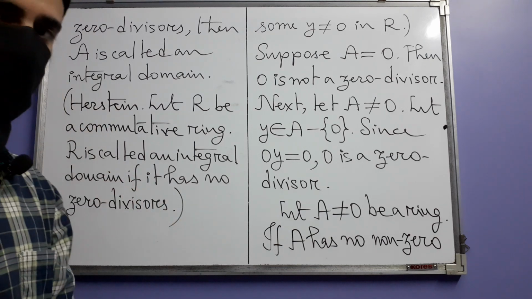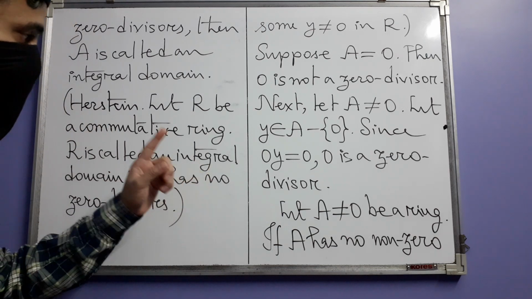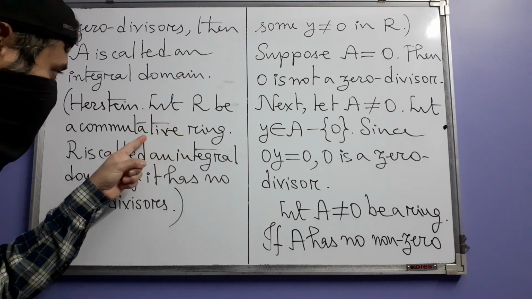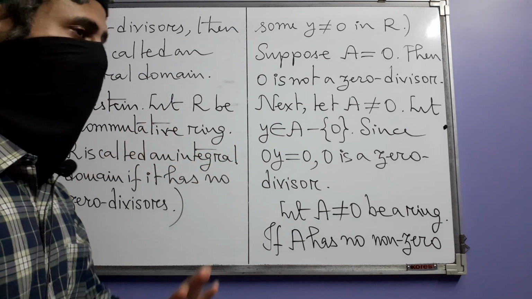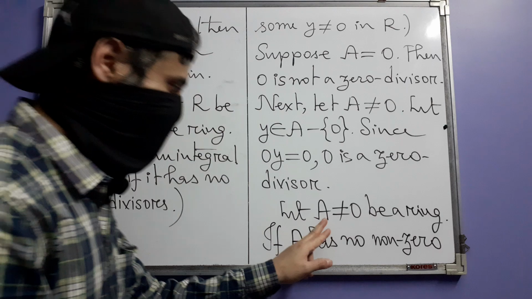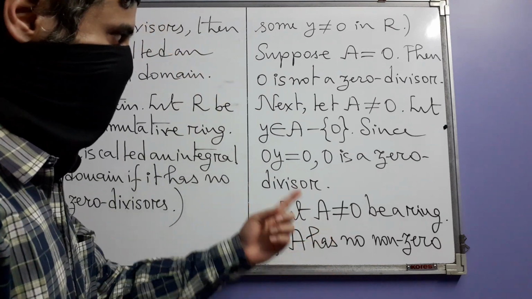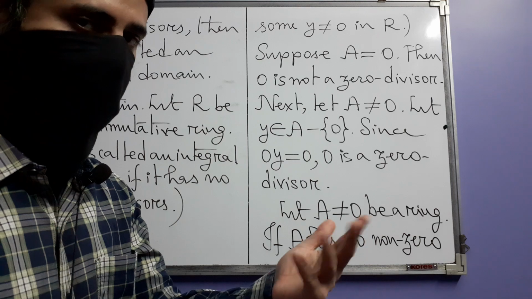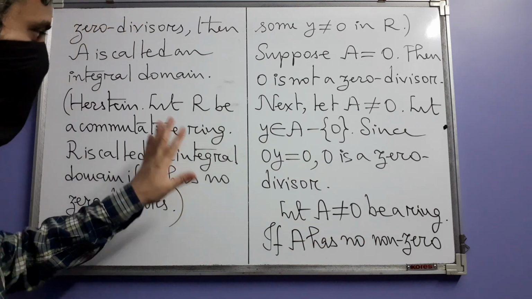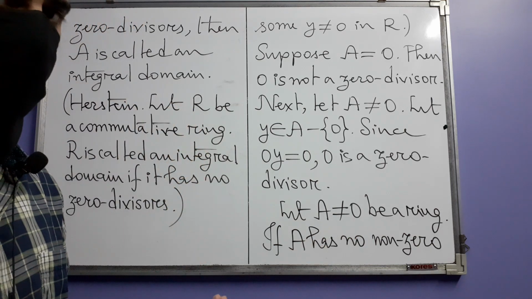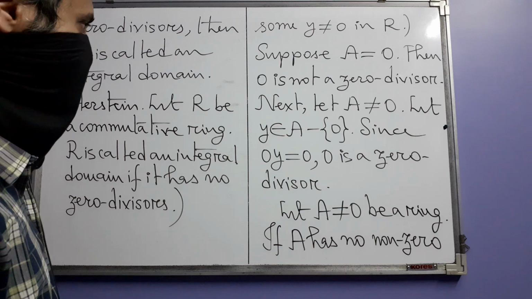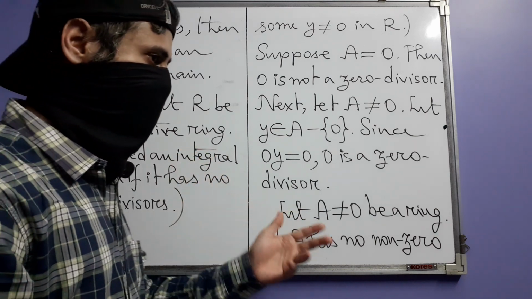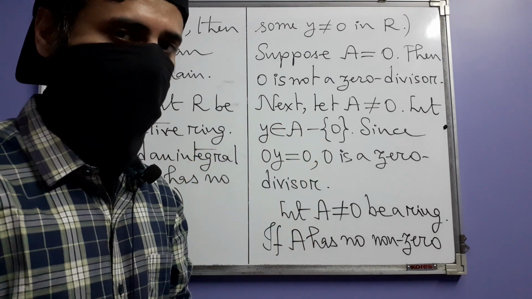Let us now see the differences. You see, R needs to be a commutative ring. Our ring, however, besides being commutative, also has a unit element, an identity element with respect to multiplication. That is not necessary for Herstein. It just needs to be a commutative ring, like the ring of even integers.